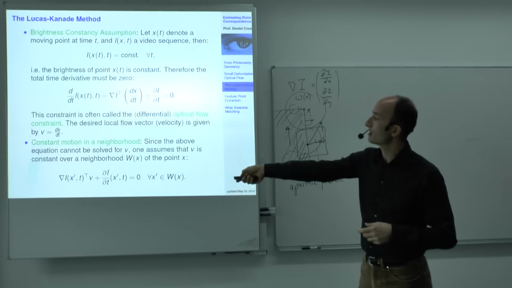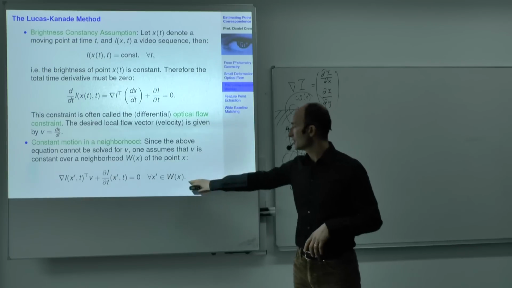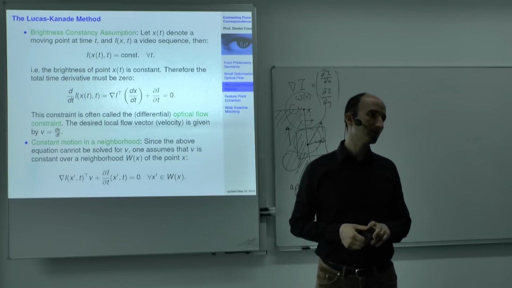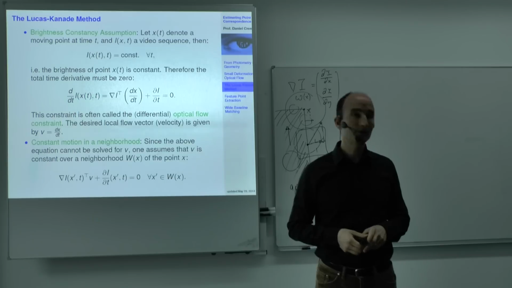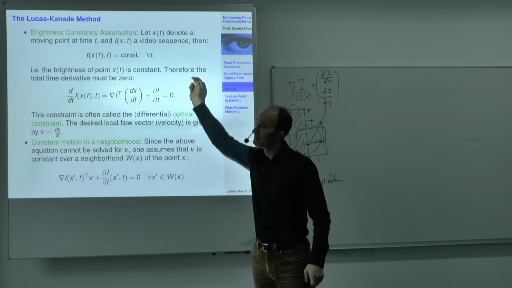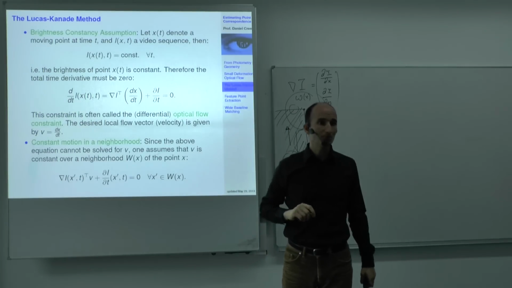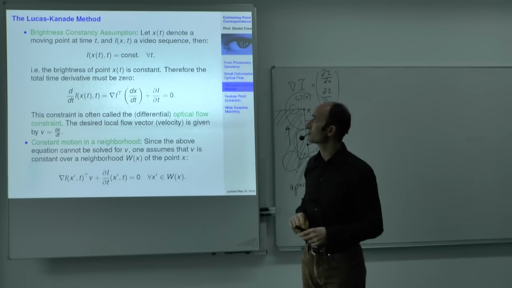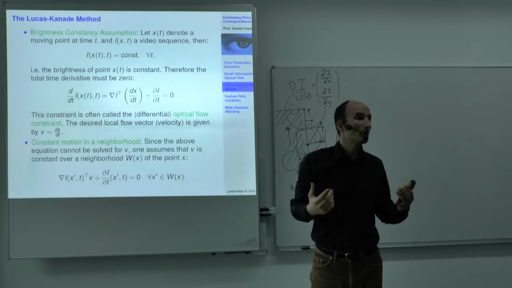So we have this optical flow constraint in the whole window. The problem is, of course, in practice, this flow constraint doesn't hold. First of all, the intensity is never perfectly constant, because of lighting changes, because of specularities, all sorts of nasty effects, because of noise.